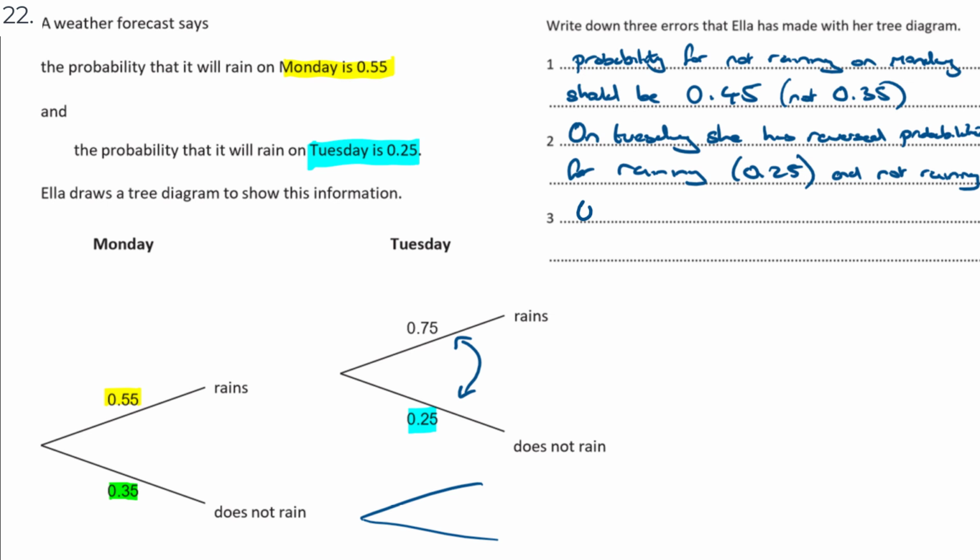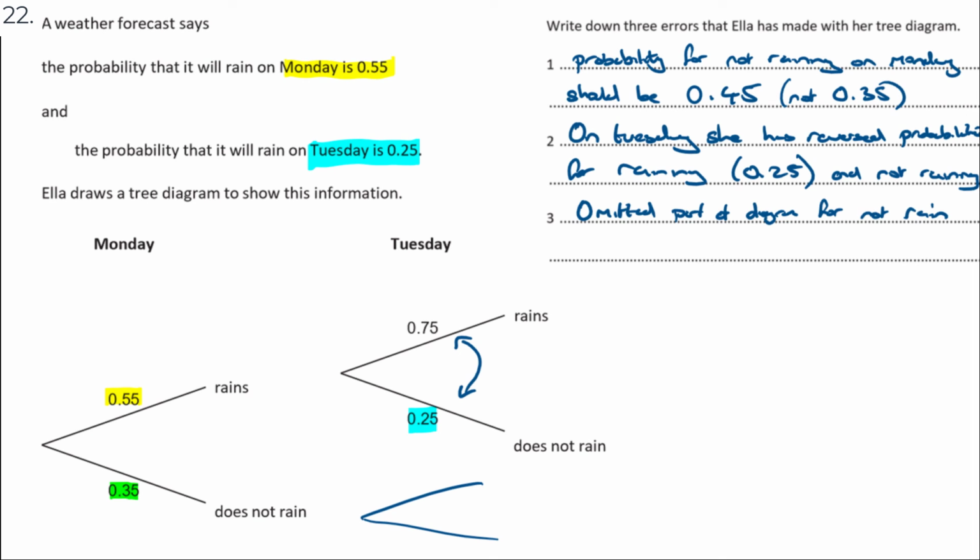So omitted part of diagram for not rain on Monday, not rain on Tuesday.